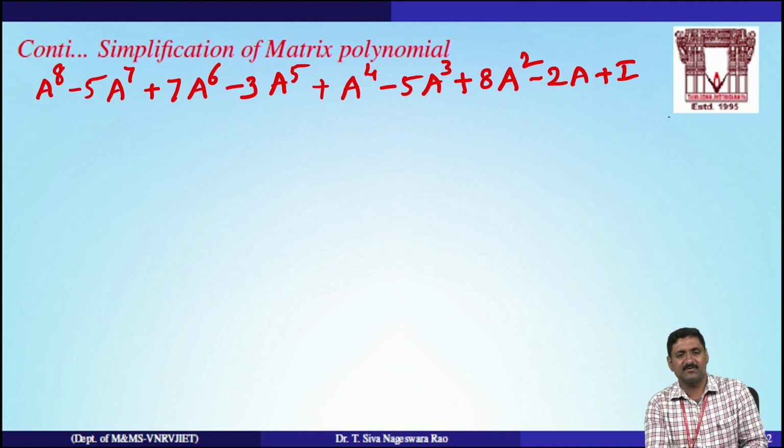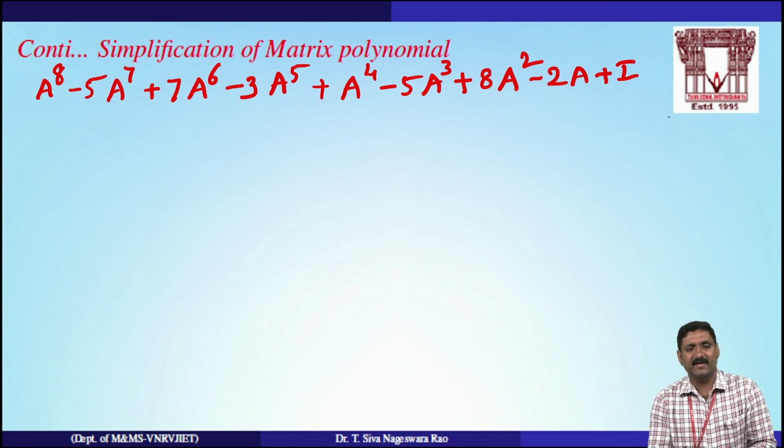So for finding these powers of this matrix, it will take a lot of time. Just by applying Cayley Hamilton theorem, we can simplify this matrix within a few minutes.